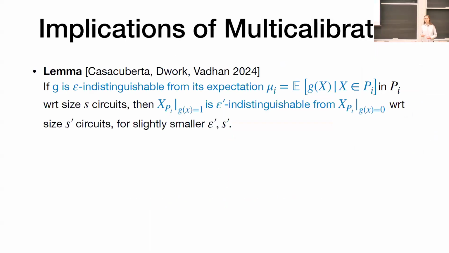To go from functions to distributions, we can use this lemma of Cassandra, Dwork, and Vadhan, which they used in the context of complexity theoretic implications of multicalibration.